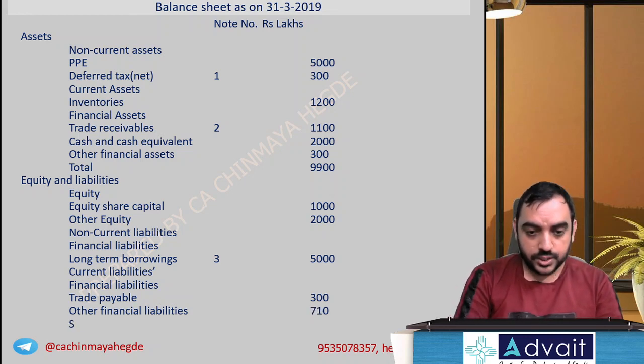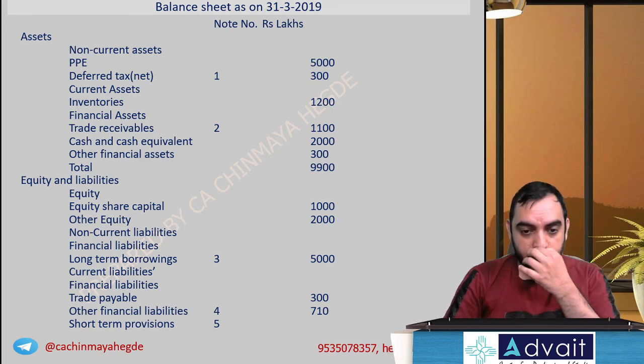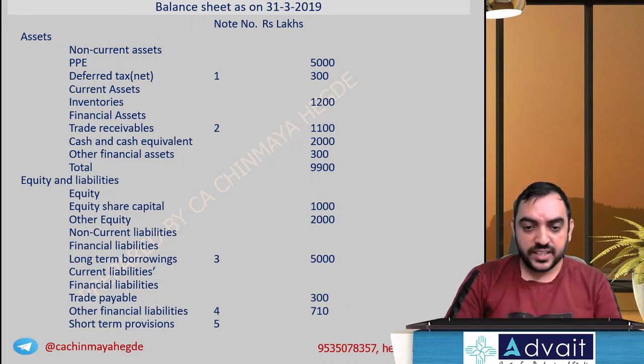Then we have short term provisions. I think we have a note. This was note 4, note 5, I think. Note 4, 710, note 5, 700.